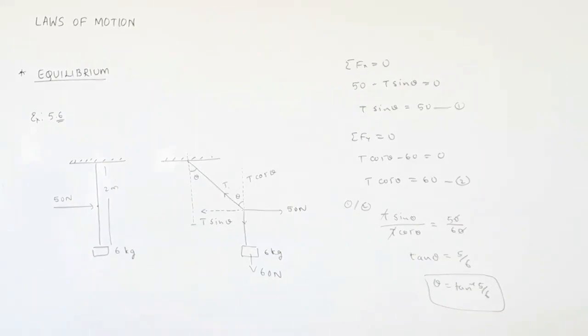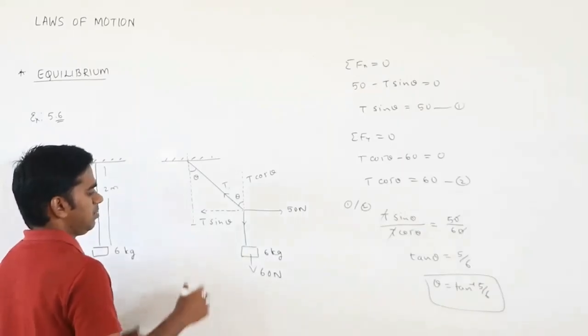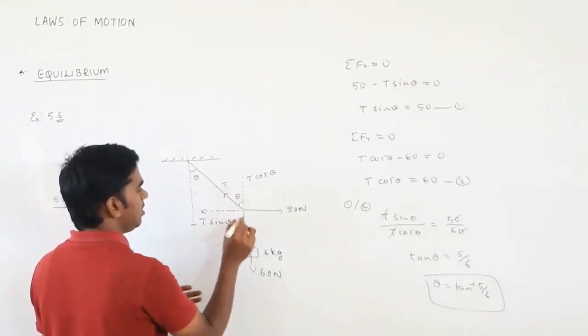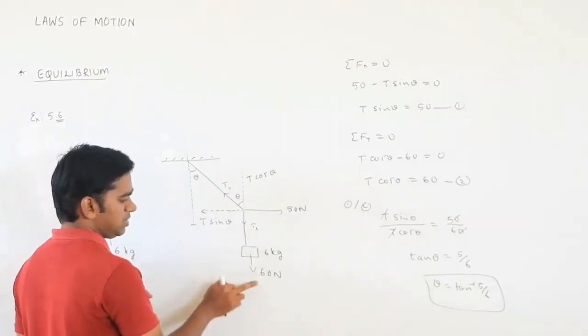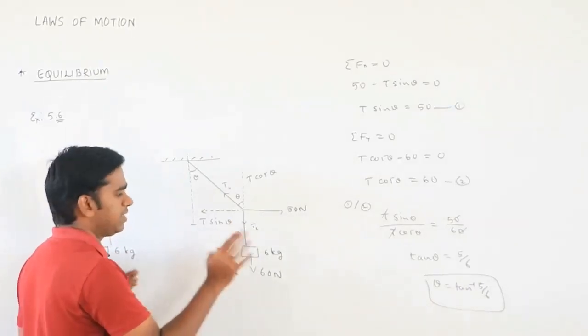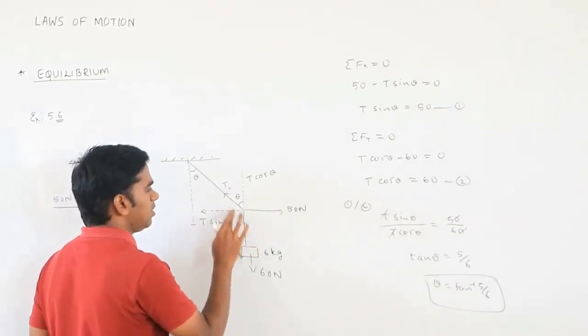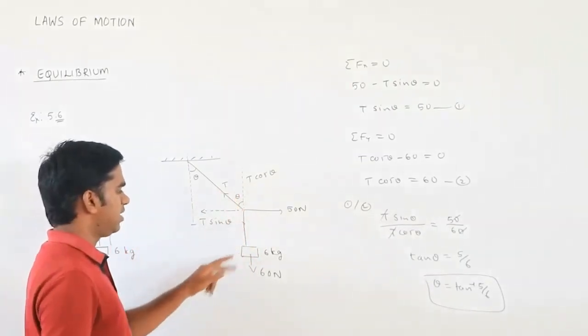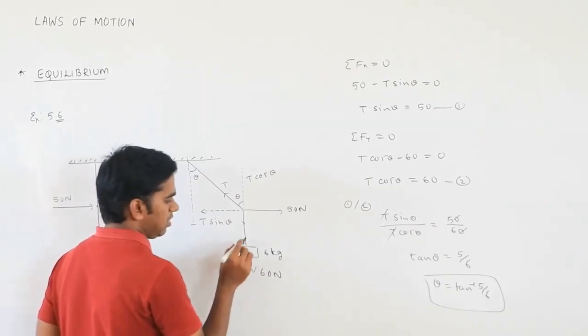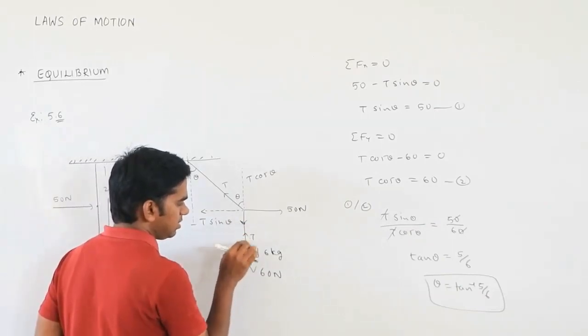Don't get confused here. In the textbook they must have taken T1 here and T2 here. It is not required. T2 is equal to 60 Newton. That is why I am not taking T1 and T2, just not to confuse you. Directly you can take it as 60, because tension is there on both sides.